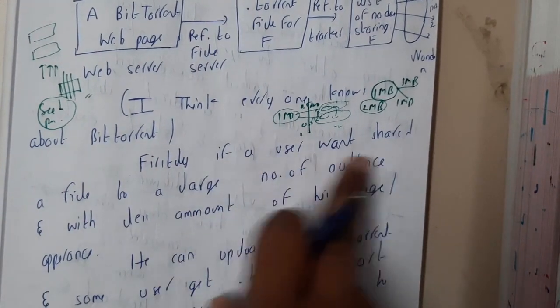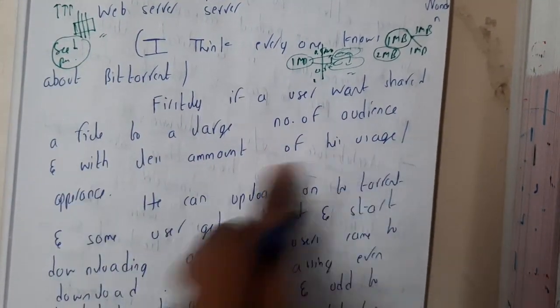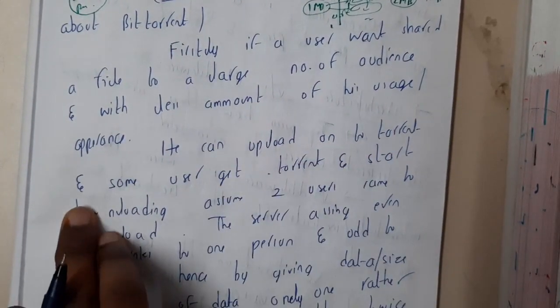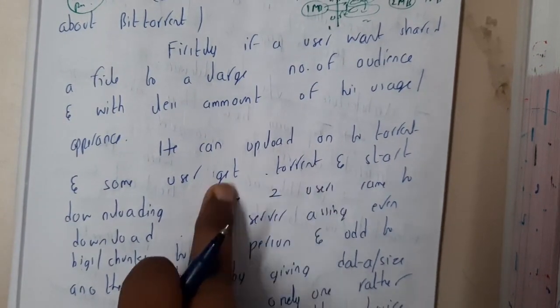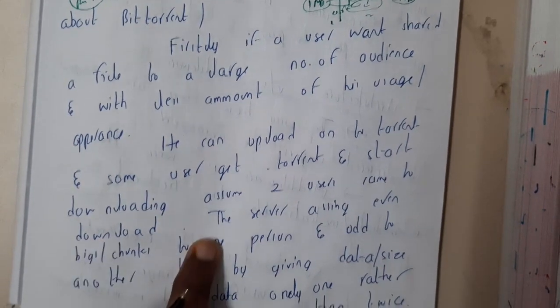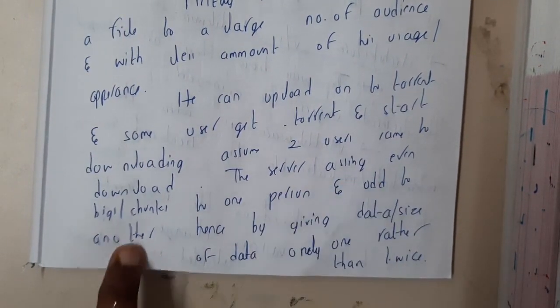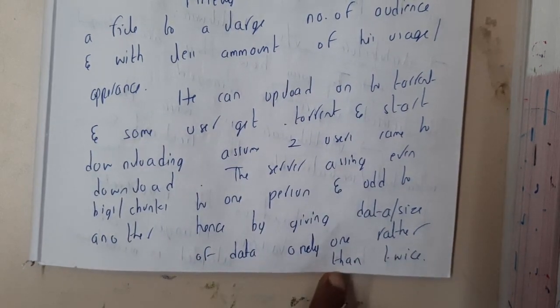Firstly, if a user wants to share a file to a large audience with less data usage, he can upload it on torrent, and some users can get the torrent and start downloading. Assume 2 users came to download. The server assigns even bit chunks to one person and odd bit chunks to another person of the data, only once rather than twice.